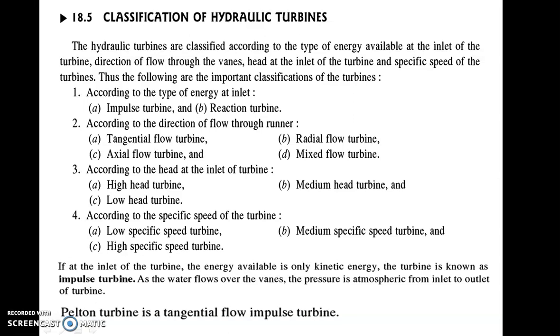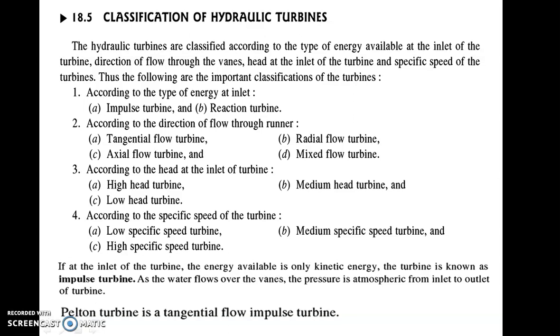According to the direction of flow through the runner, the water may come in a tangential direction, as we have seen in the first unit. It may come in an axial direction, a radial direction, or a mixed flow direction. So depending upon that there is a classification: tangential, radial, axial or mixed flow. According to the head at the inlet of the turbine: high head turbine, medium head turbine, low head turbine.